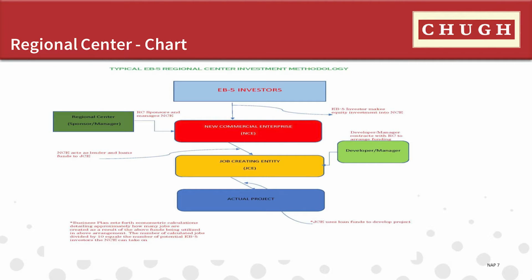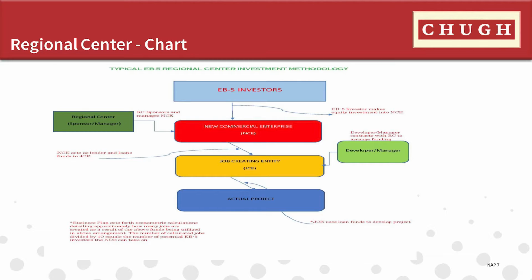This is the flowchart for the regional center. As discussed, a regional center represents one of the two ways for an EB-5 investor to obtain conditional permanent residence. The other, direct investment, will be discussed by Hafiz, that is directly investing into the new commercial enterprise. What this chart shows is that the regional center sets up an investment fund for the benefit of the EB-5 investors.